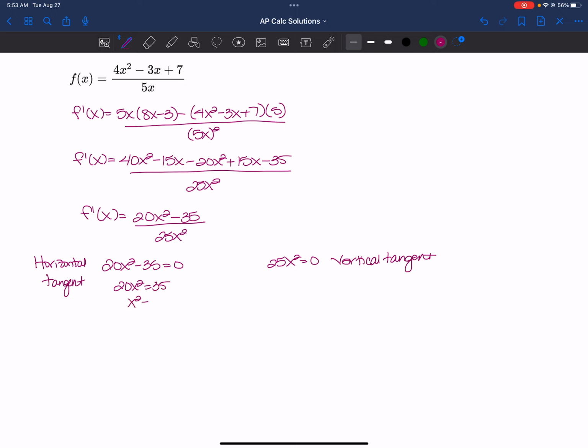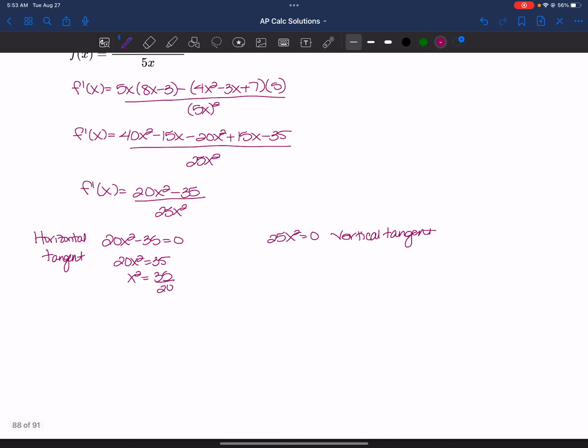So x squared is equal to 35 over 20. So x squared is equal to 7 over 4. So x is equal to plus or minus root 7 over 4, which is plus or minus root 7 over 2. And then this will just be x is equal to 0. Okay, so that is it for your check for understanding, and that is it for this lesson.